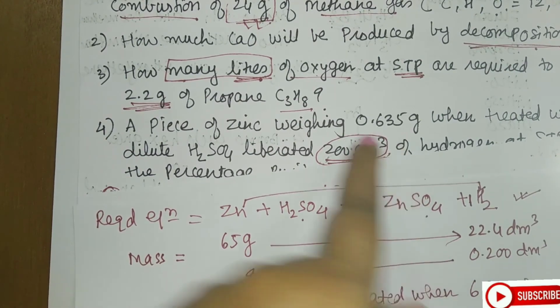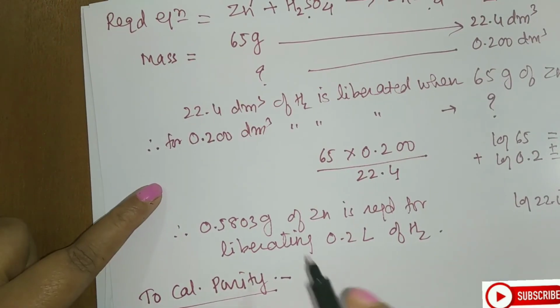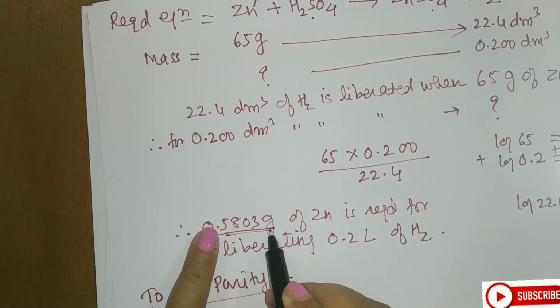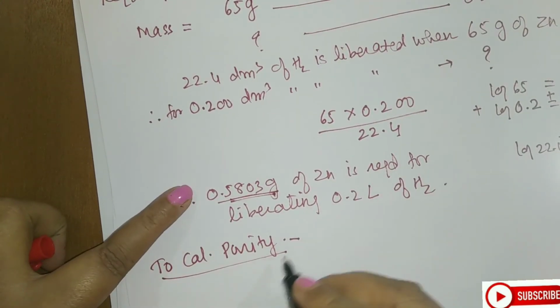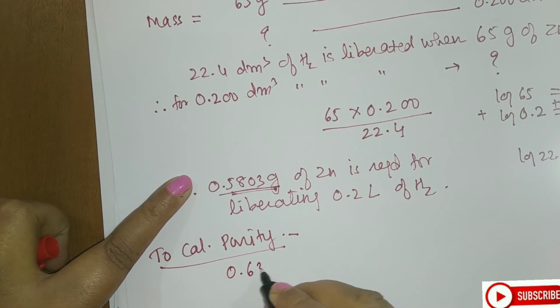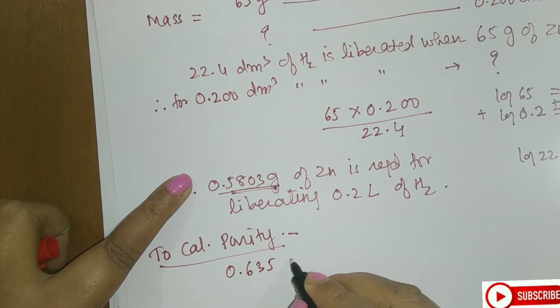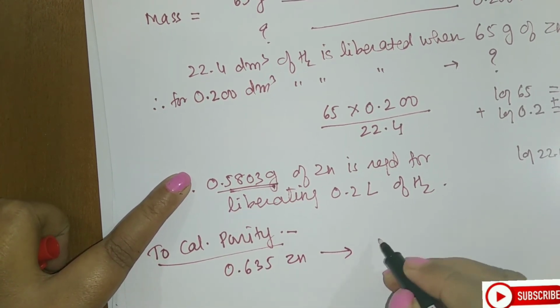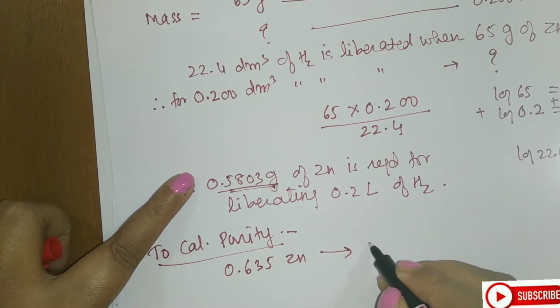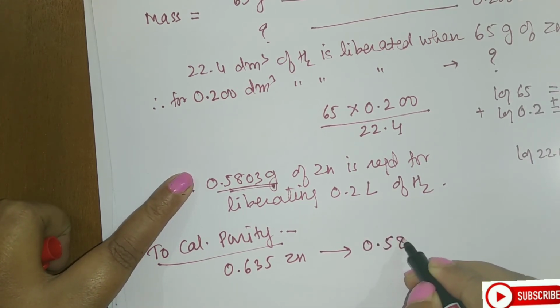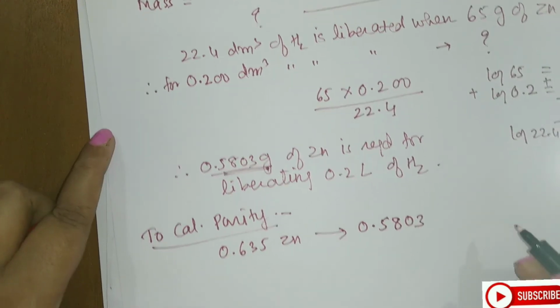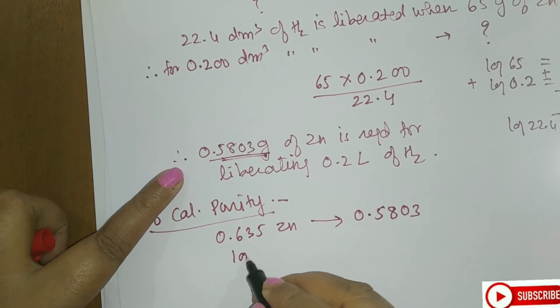So let us make one standard equation: for 0.635 gram of zinc, 0.5803 gram is utilized.